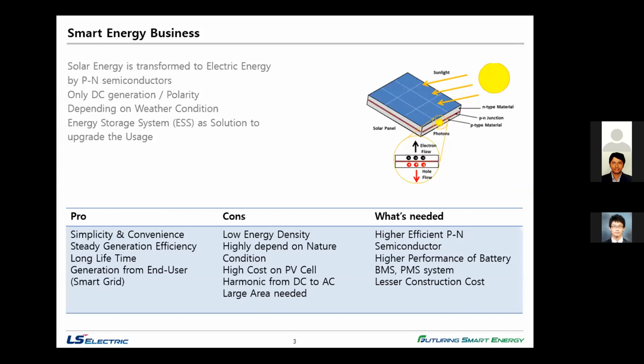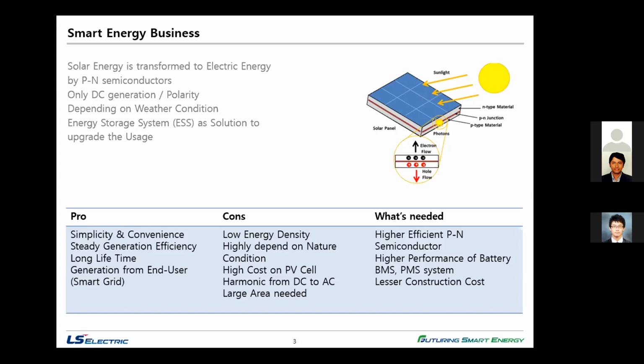Now, how solar energy is transformed to electric energy is by PN semiconductors. On the right side, you can see a simple diagram. This is a sun ray, and this is one simple solar cell. When a PV cell is exposed to sunlight, these solar cells are basically composed of two different types of semiconductors. One side is P-type and the other side is N-type.